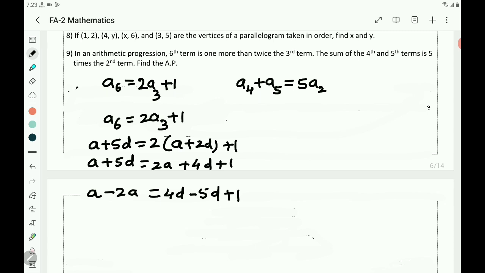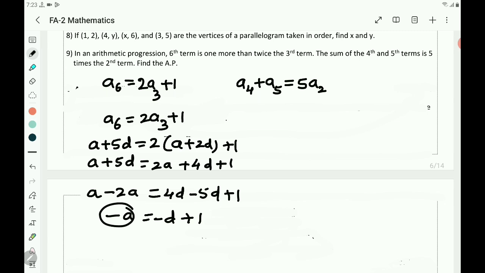Here, A minus 2A equals 4D minus 5D, plus 1. So minus A equals minus D plus 1.